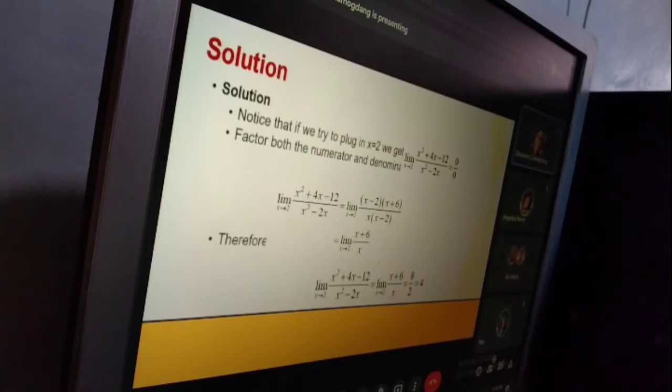Kung kaya, direct substitution na natin, si x palitan natin ng 2. So, 2 plus 6 is 8 over 2 equals 4. So, ibig sabihin, kapag may numerator and denominator, ang gagawin mo muna ay i-factor, baka meron kang makakancel. Pag meron kang makakancel, i-simplify muna bago hanapin yung limits. May tanong?